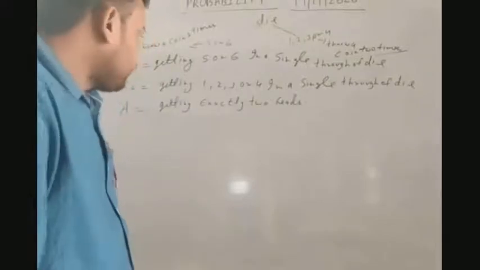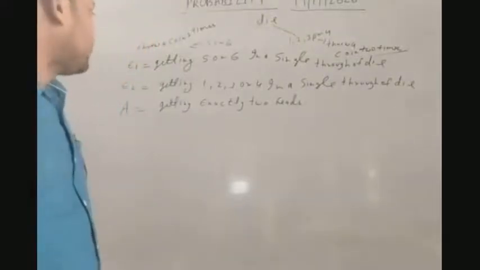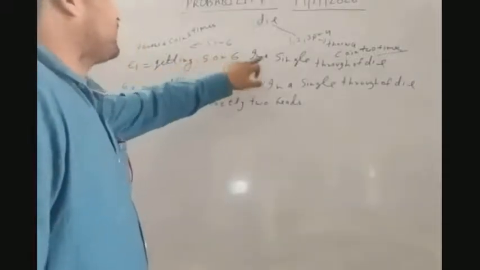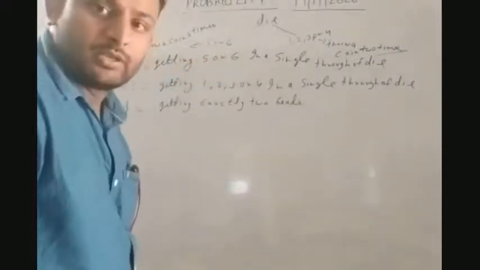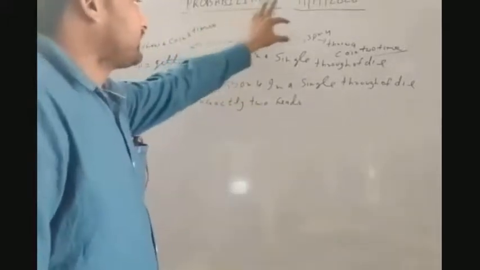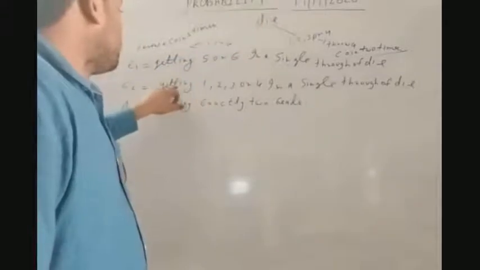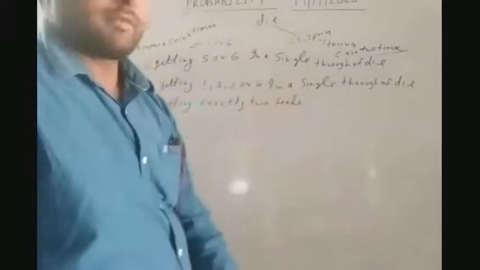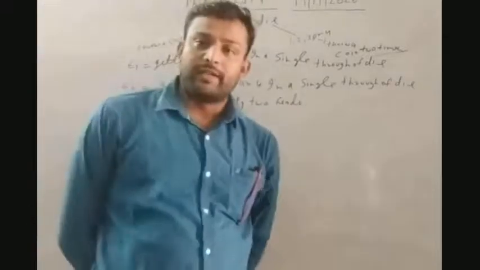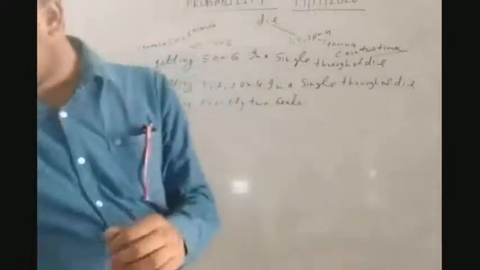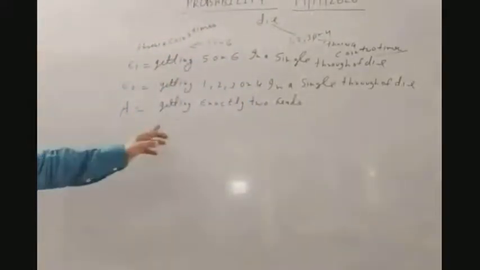So we have taken 2 events. First event, E1, is getting 5 or 6 in a single throw of die, and second event, E2, is getting 1, 2, 3 or 4 in a single throw of die. So first we will find the probability of these both events. And our common event is A, which is exactly 2 heads.